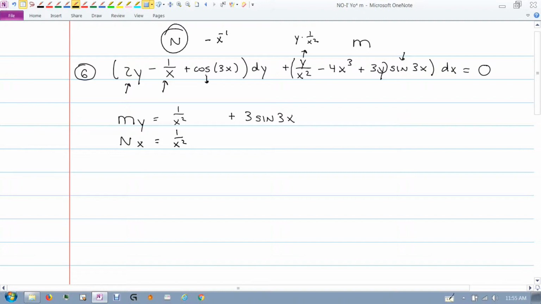Minus, yeah, that looks like we are not going to have exactness here. The derivative of that is negative sine of 3x times 3, because we have to use the chain rule there. And you can see this matches, but these do not match. They are off by a sign. This one's negative, that one's positive. Therefore, this is not an exact equation, and we move on.